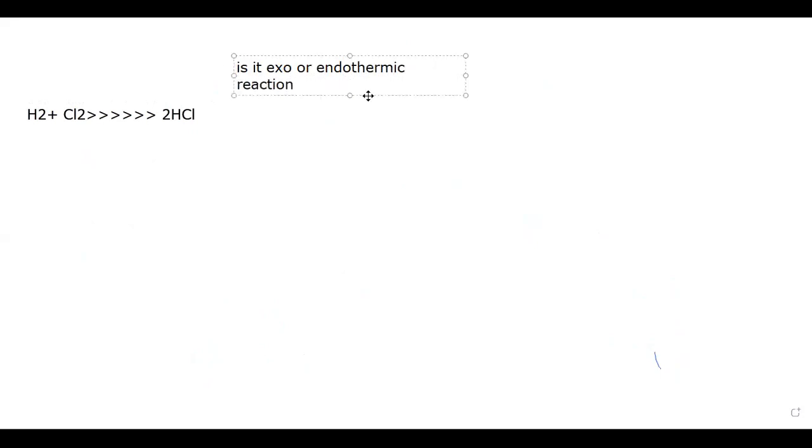Attention with me, please, because I'm going to start to explain this example, then I will give you questions. How can you know this is exo or endothermic reaction? Actually, we have to find and calculate something called delta H. Delta H is a triangle and the letter H beside it.